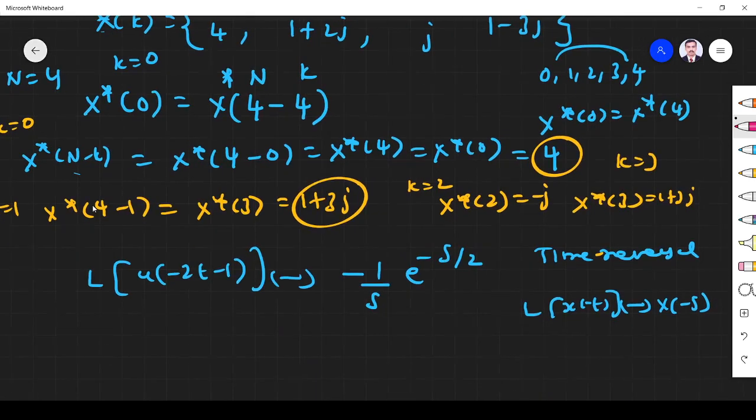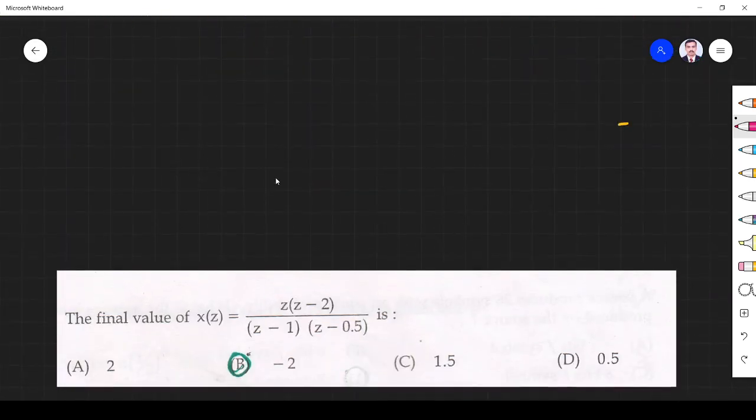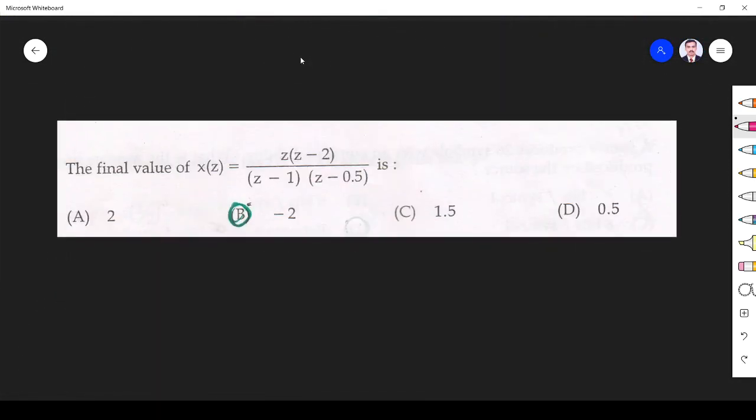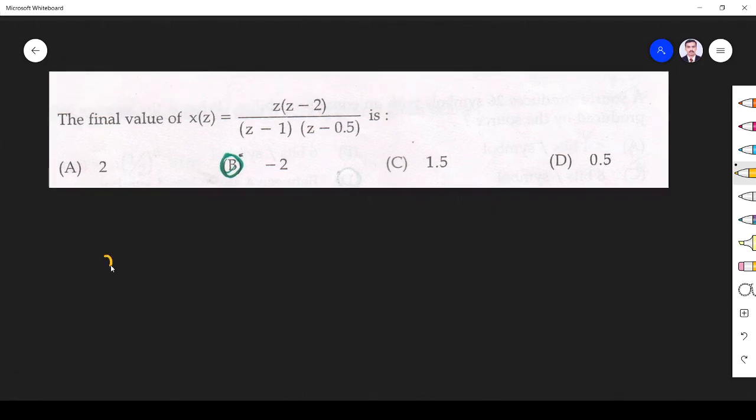Fine? Okay. And the last problem is, what is the final value of x of z? They talk about the final value theorem of the z transform. It is the final value, so x of infinity. The final value theorem states that the limit as z tends to 1 of z minus 1 into X of z.